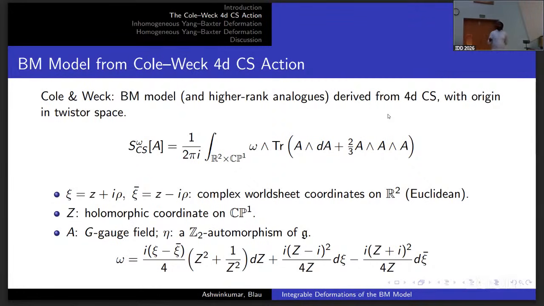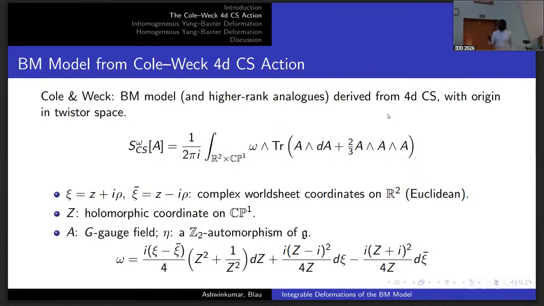A is, of course, the gauge field, but we also specify a Z2 automorphism of G, which I'll describe in the next slide. But the main point here is that the meromorphic 1-form now has components in the worldsheet directions as well. Usually you only have dZ, but now you also have dx^z and dx^z-bar. And moreover, you find explicit worldsheet dependence in the Z component.